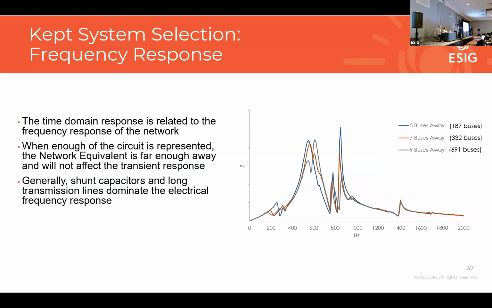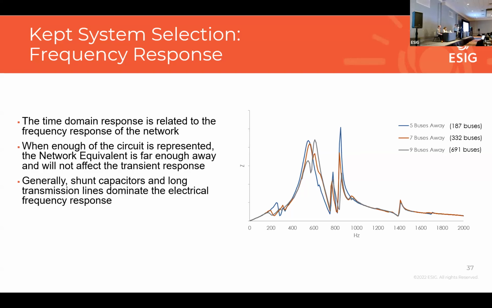All right, so we touched on this a little bit. The frequency response of the system that you're modeling in your EMT case is important. One method you can use to check how the frequency response of your network changes based on how big the system is, is to incrementally increase the size of your EMT case.